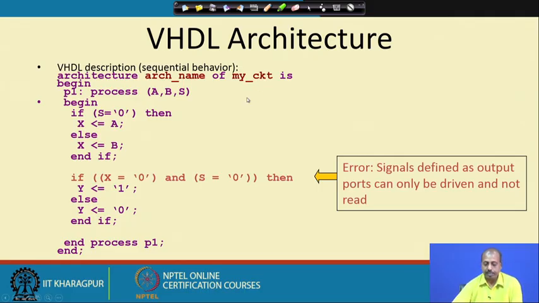There are some restrictions, like signals defined as output ports can only be driven and not read. For example, x is defined as an output port, and I am trying to read the value of x here. But that is not possible, because that is an output from my entity. So, I cannot read it. In this way, VHDL can catch many of these errors from the description itself.